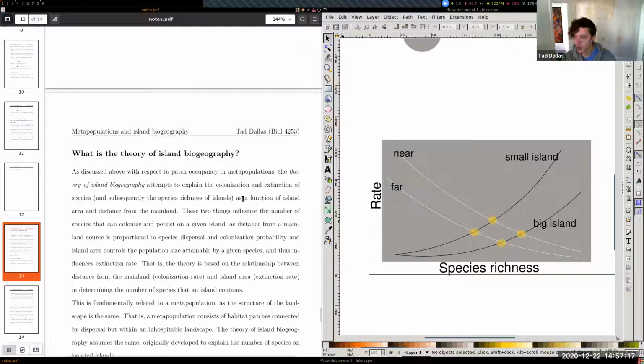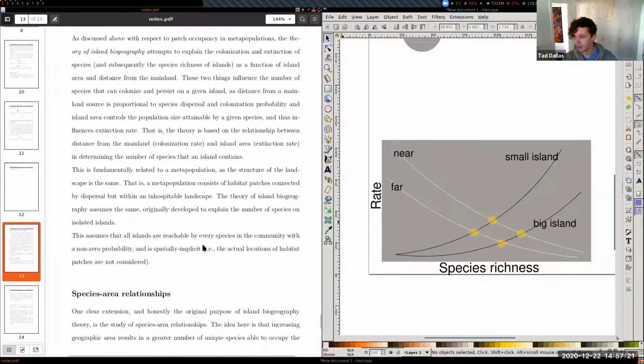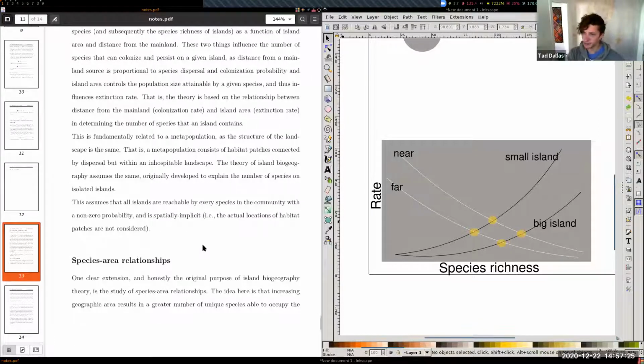Okay, so now we've extended metapopulation theory into a more community level measure. This also makes a bunch of assumptions and is mainly used as a teaching tool now. It's less applied to actual things because it presupposes a lot about the influence of island area on extinction and immigration rates.